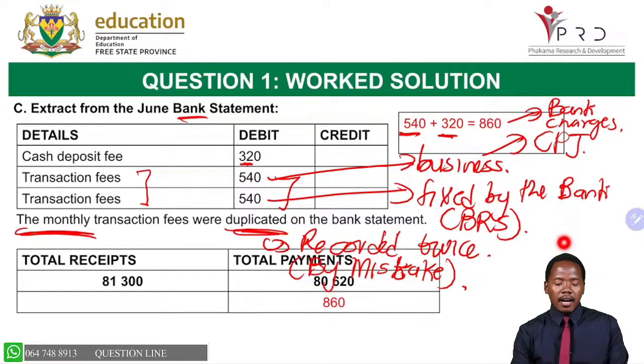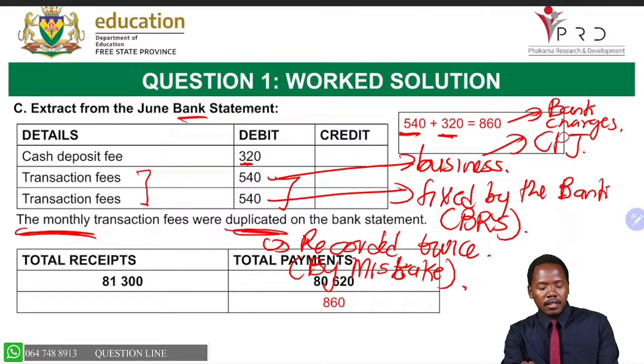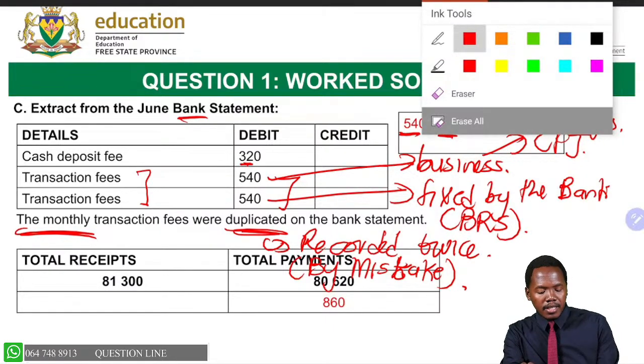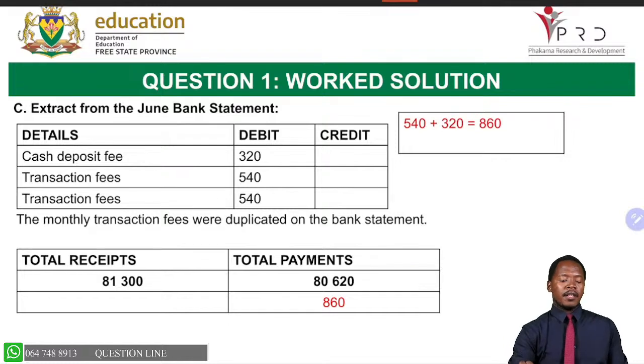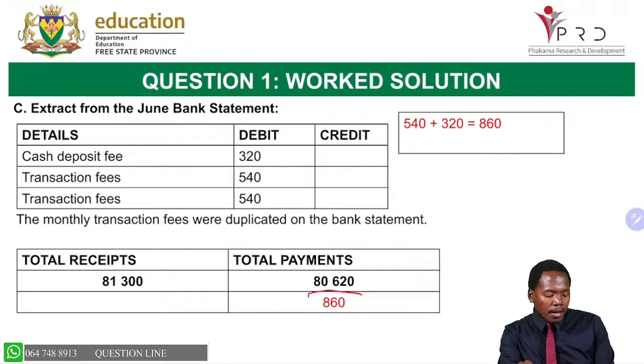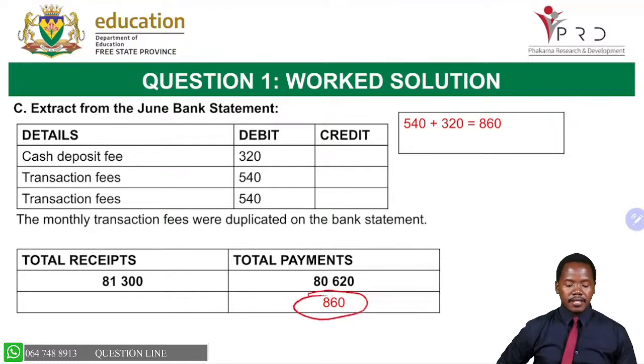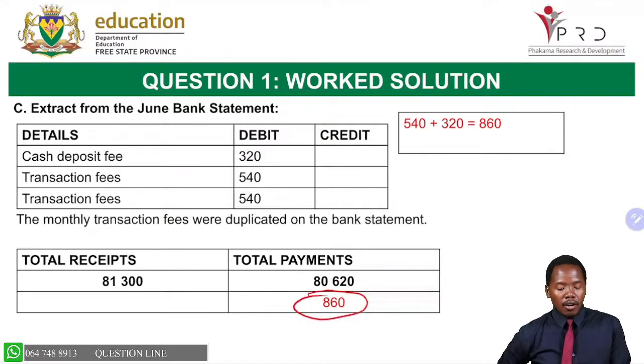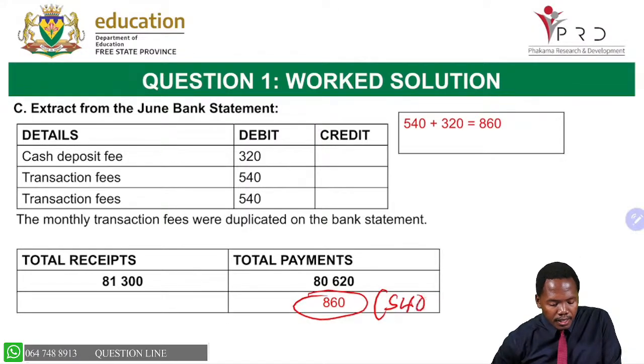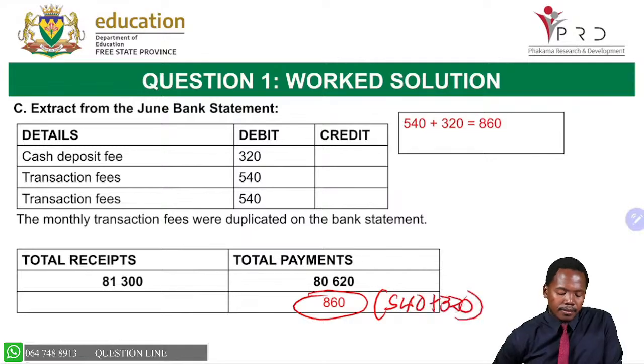It should go to our total payments. Now let me just erase here so that you can see. Now in our total payments, we will have 860, which is the total of 540 plus 320.